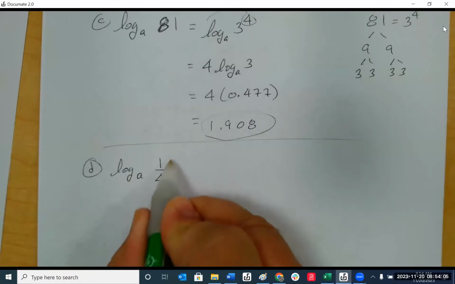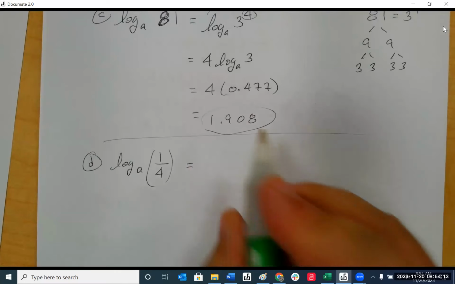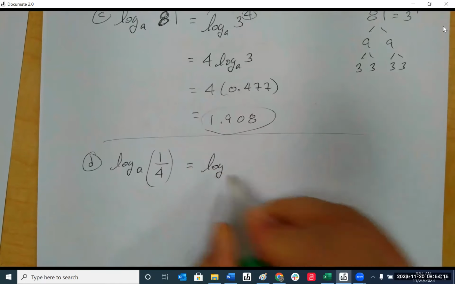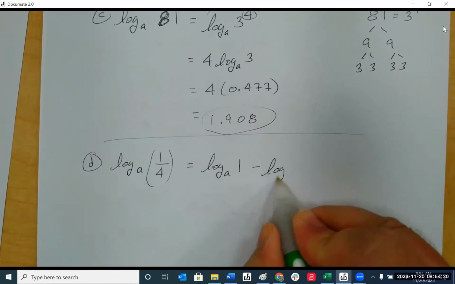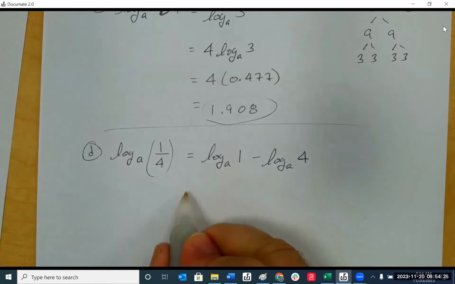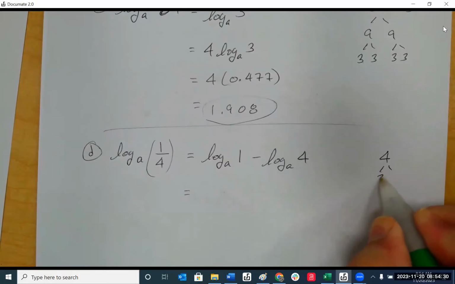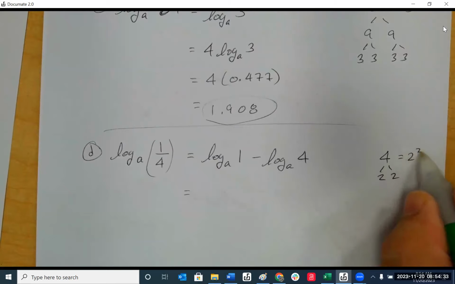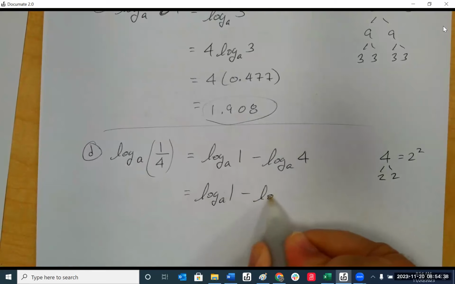Log base A of 1 over 4. So we have log base A of 1 minus log base A of 4. Four is made up of 2 times 2, so it's 2 squared. So it's log base A of 1 minus log base A of 2 squared.